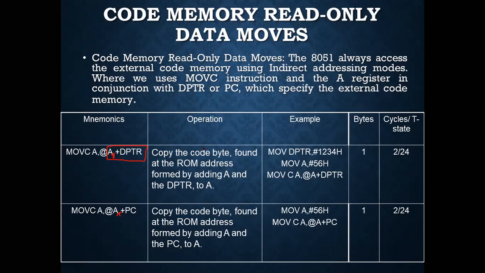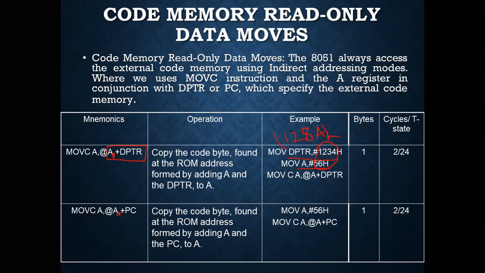The value of DPTR is 1234H and the A register is 56H. They will be added up and form the address. After addition, the result will be 128AH. Clear?